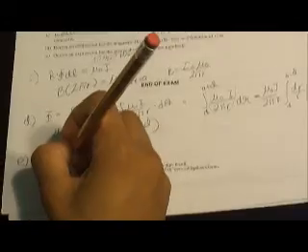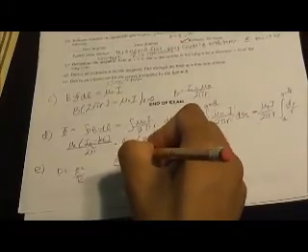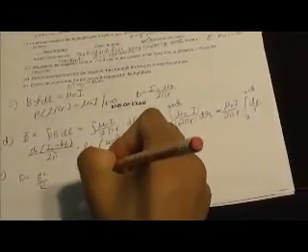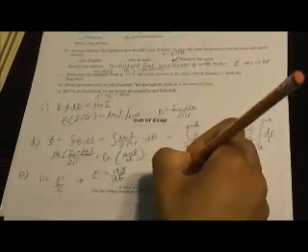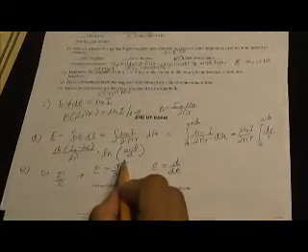Part E, finally, it says derive an expression for the power dissipated by the light bulb. So power is equal to EMF squared over R. And EMF is equal to d phi dt. So EMF is going to be d dt of the flux.